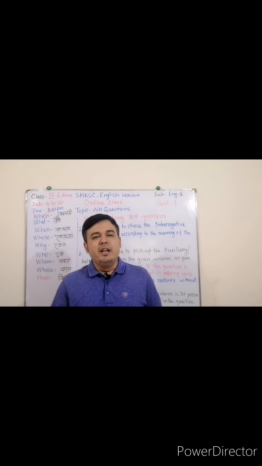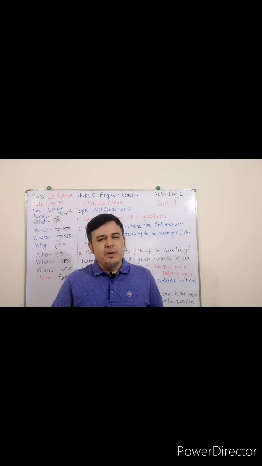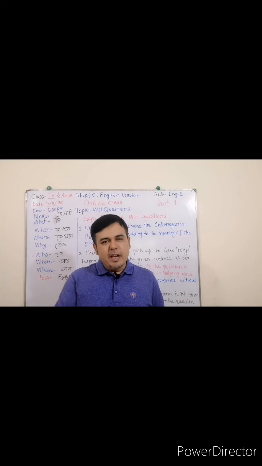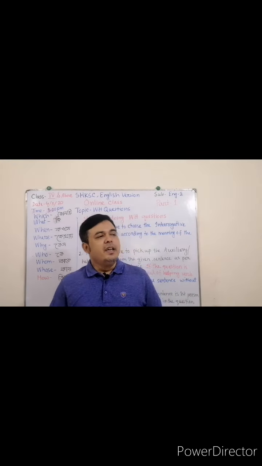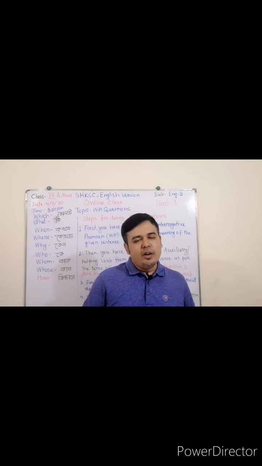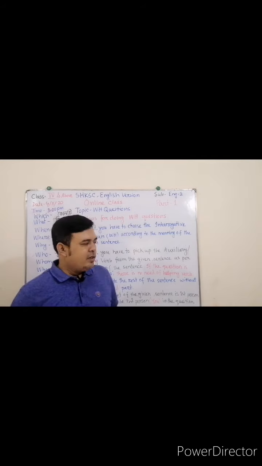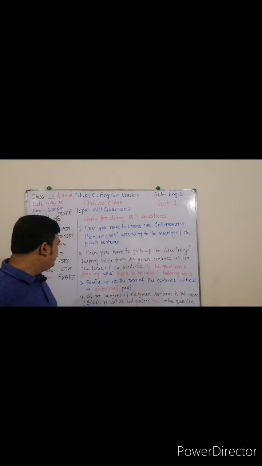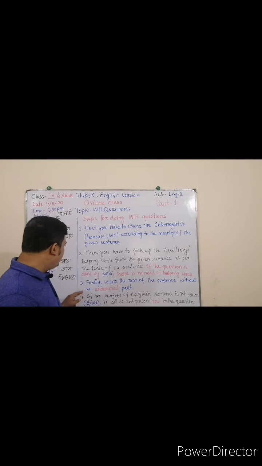But remember, if the auxiliary verb is playing the role of the main verb inside the sentence, then it must come. Clear? But you don't need to borrow any extra helping verb from the other side. Okay? So that is number 2.